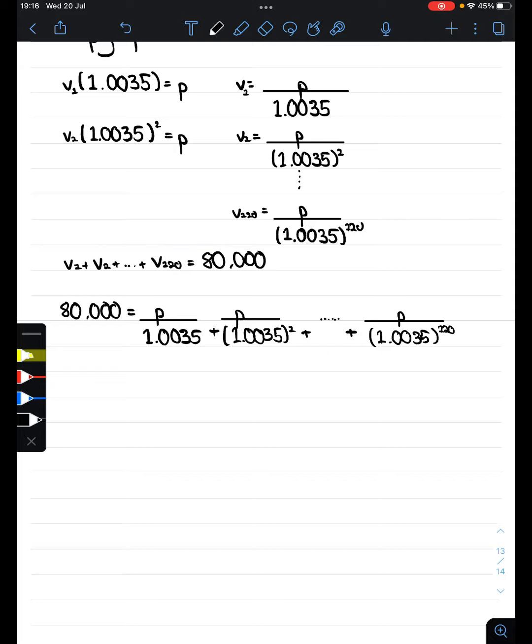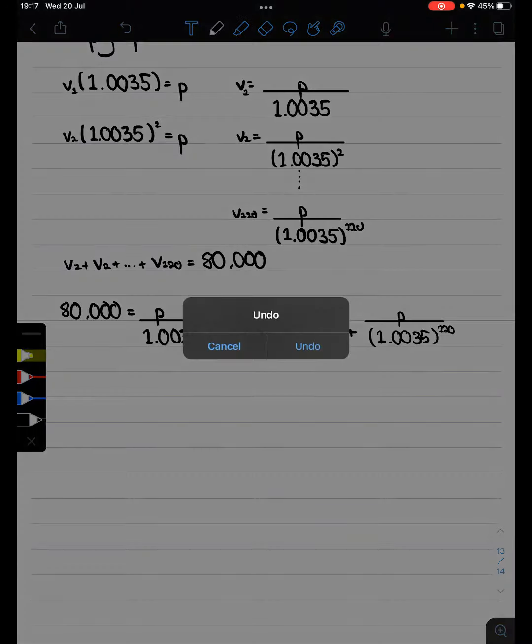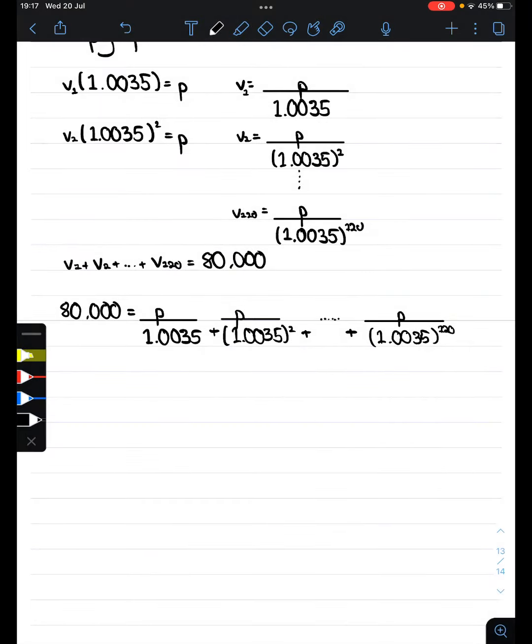Now we've got a sum of terms that are getting smaller by the same amount each time. What does this look like? Well, it sort of looks like a geometric sequence.